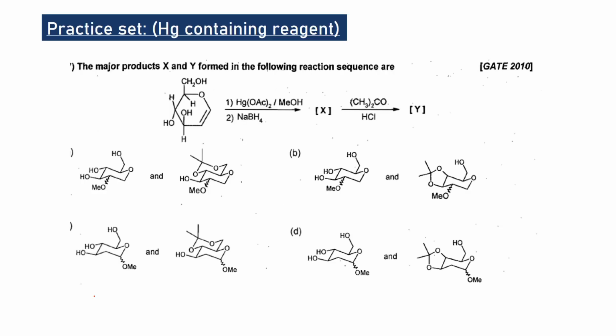This is also based on the same topic. Here you can see in back to back years we have got questions from this oxymercuration, demercuration. So a double bond is there. So there will be a Hg.